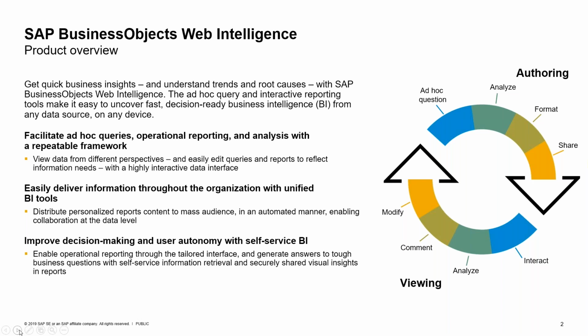When the end user gets the report, they can interact with it, analyze it, and add comments to share their insight inside the report. And if you give them the right authorizations, they can modify the report and start to ask their own question, analyze, format, and share again and again. That's what we mean by repeatable framework.